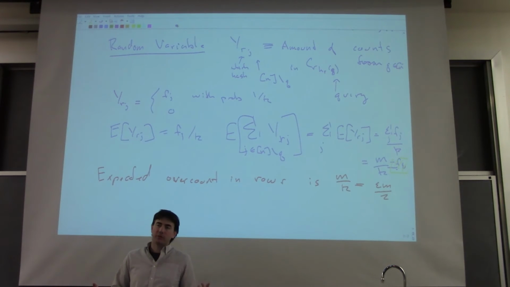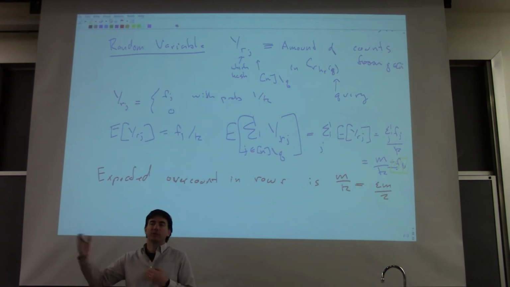And so the expected overcount is epsilon m over 2. So this is good. This is less than what we said was this overcount which occurred with very small probability. So we're on a good track here.